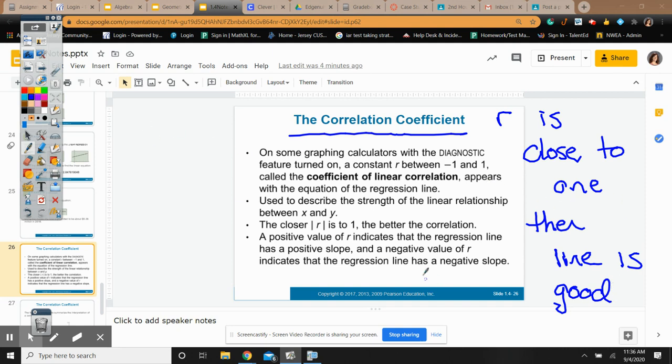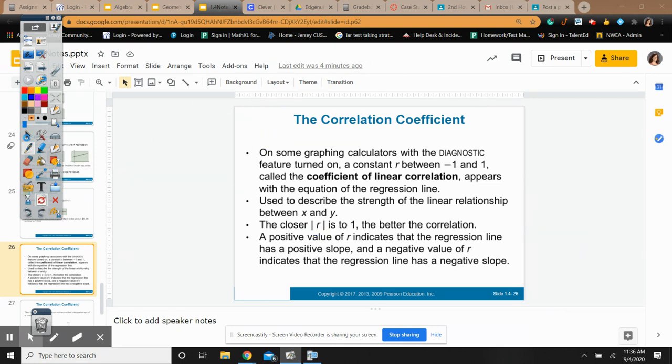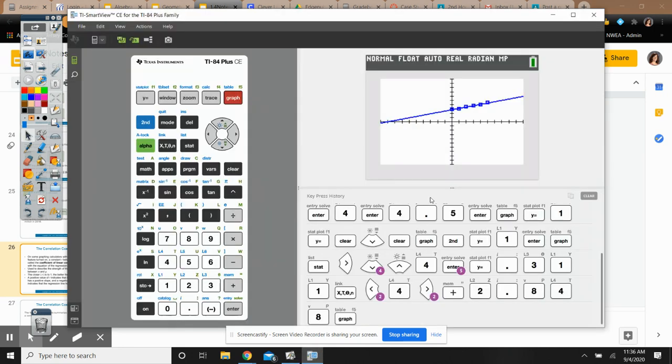It would just be a negative slope line, so that's why we say the absolute value. If the absolute value of R is close to 1, then the line is good. Sometimes you'll have dots that are pretty far apart, and the line will go like this, and it's okay, but it's not close to 1, so it wouldn't be good. Our line looked pretty close to 1, right? It looks pretty good, so we want the calculator to tell us how close it is.